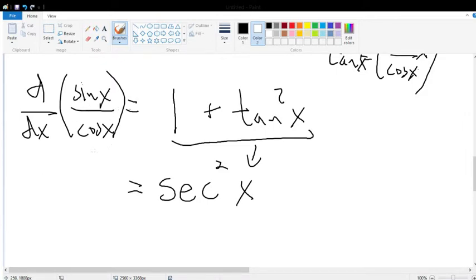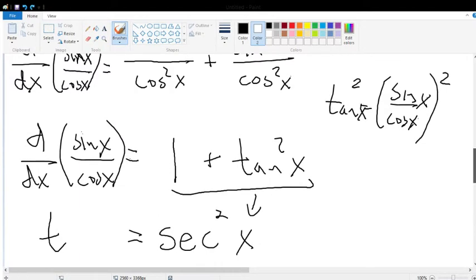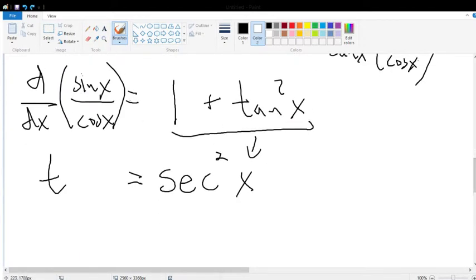The reason I did this problem is to show you how to use the quotient rule, as well as show you a very important derivative, one you should just memorize. Look, we took the derivative of sine of x over cosine of x, and I'm not sure if you recognize it, but like I said, tangent of x is equal to sine of x over cosine of x. So this is tangent of x. If you take the derivative of tangent of x, you get secant squared of x.